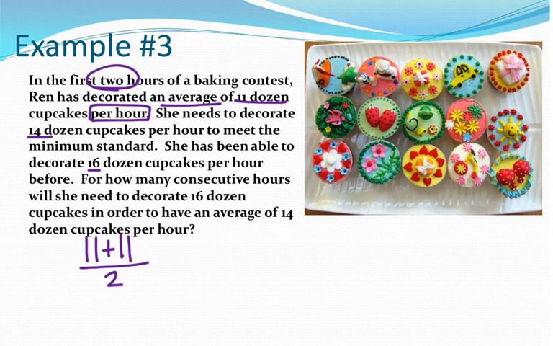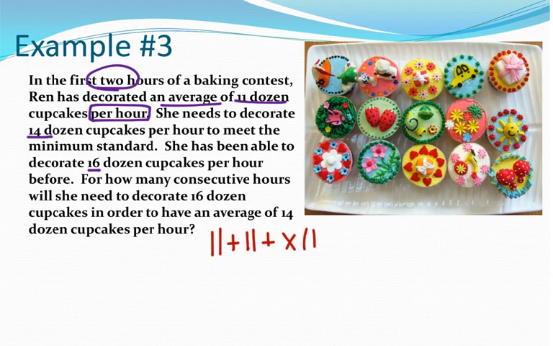So the thing that I don't know is how many more hours she's going to have to decorate cupcakes, but I do know how fast she's going to have to decorate them, or how fast she potentially could decorate them. So I'm going to think of this in pieces. The first 2 hours, we've got that many cupcakes. Now for a certain amount of hours, which I don't know, she's going to decorate 16 dozen per hour.